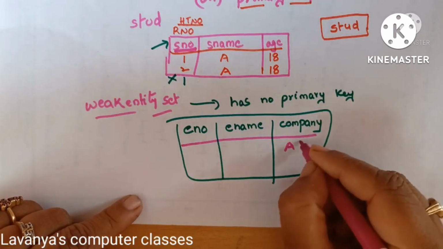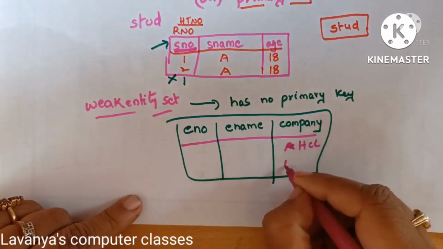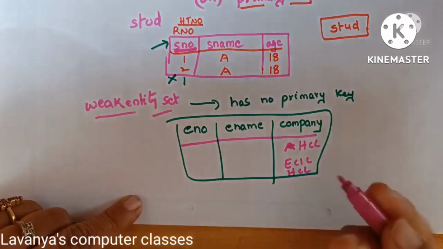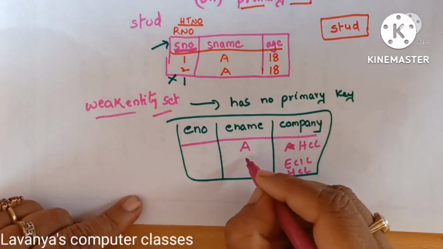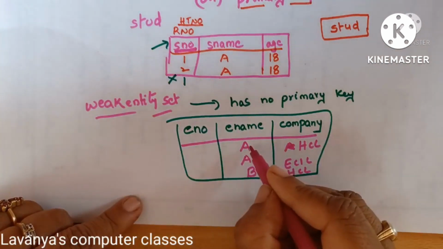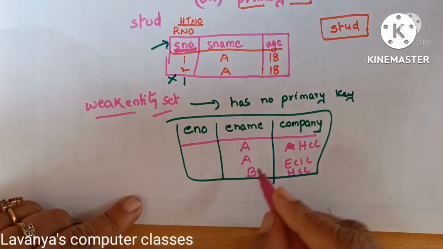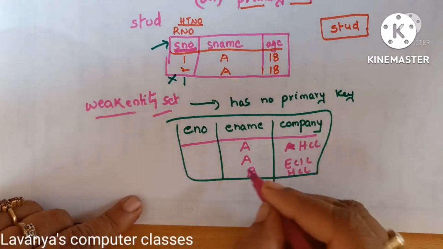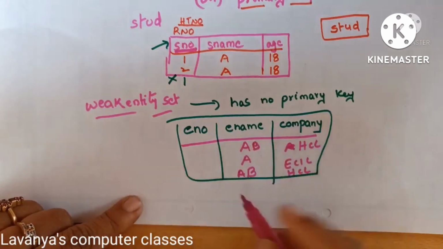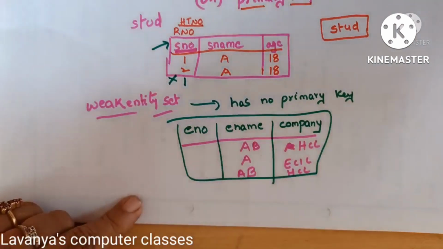Company name A, or HCL, or ECIL. One more employee is also HCL. Employee name A, another employee name is also A, another is B. But employee number should be unique.